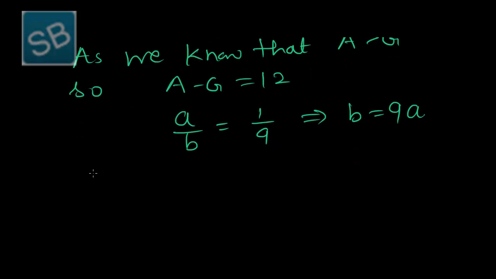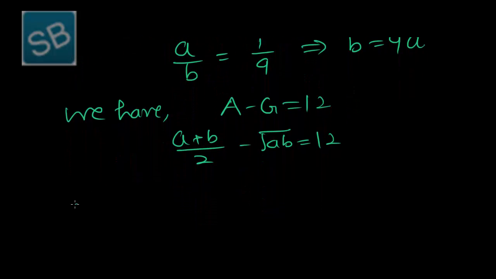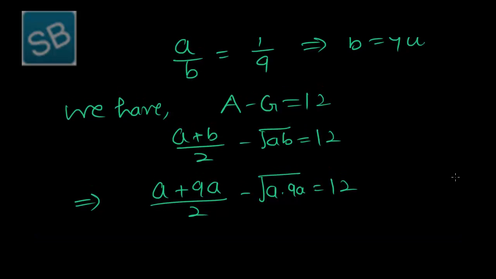As we have A minus G is equal to 12, that gives A plus B over 2 minus under root AB is equal to 12. Substituting the value of B is equal to 9A, we get A plus 9A over 2 minus under root A into 9A is equal to 12. That gives 10A over 2 minus under root 9A square is equal to 12.